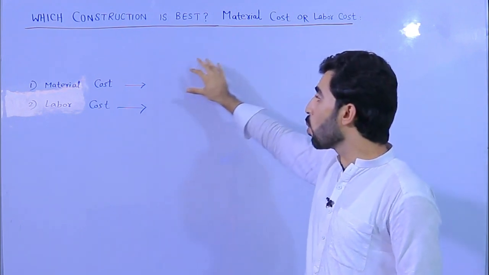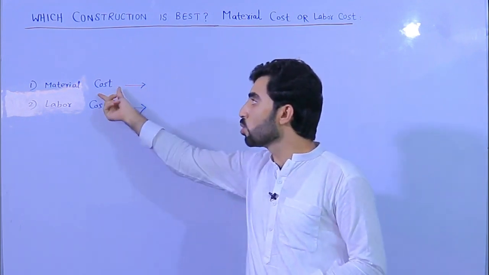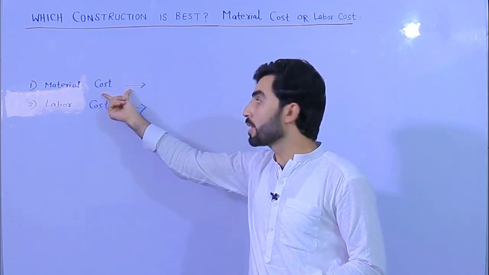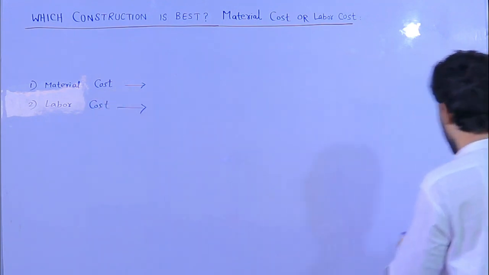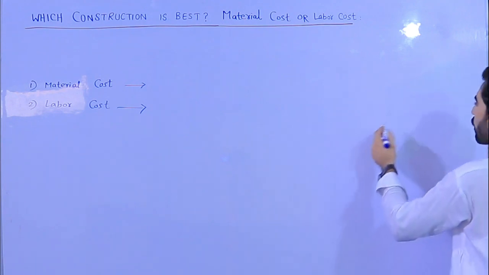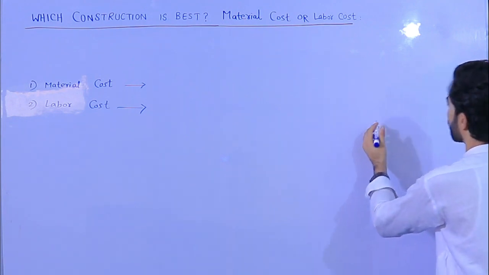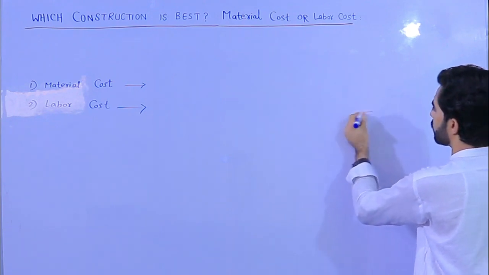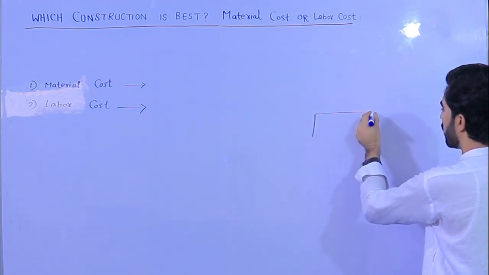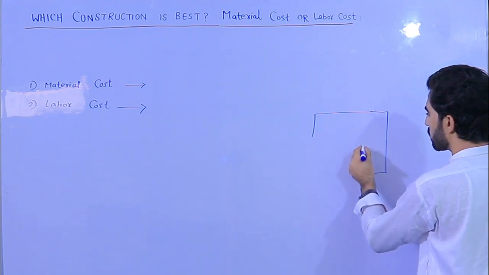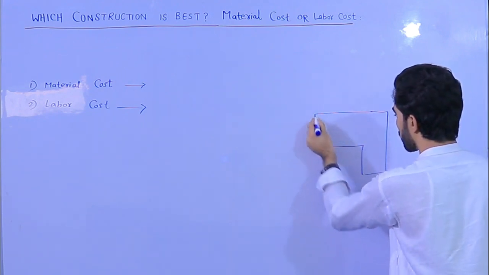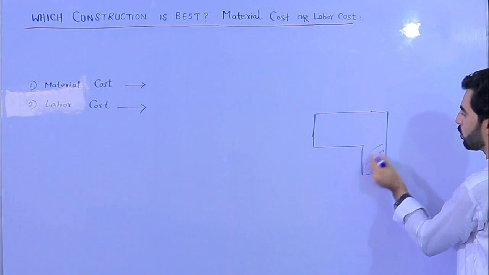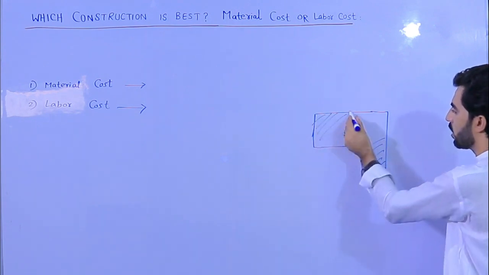Okay, so when you decide to do the house construction by material cost, nowadays we have different rates for material cost for building construction. For example, this is the covered area in which you want to do construction.